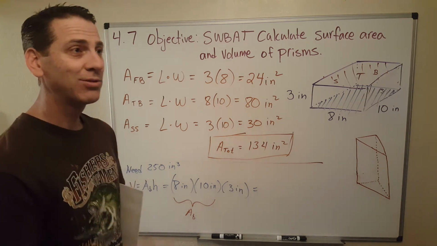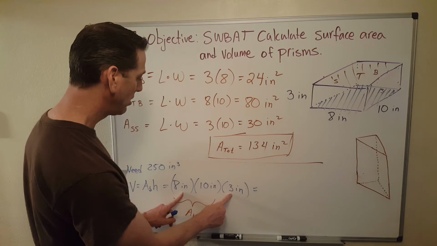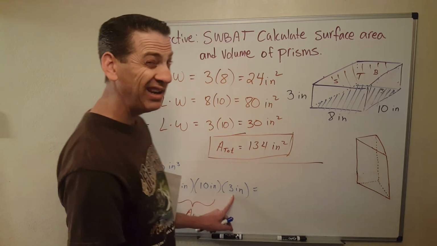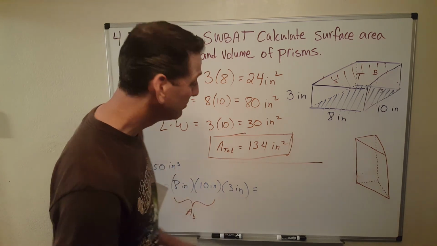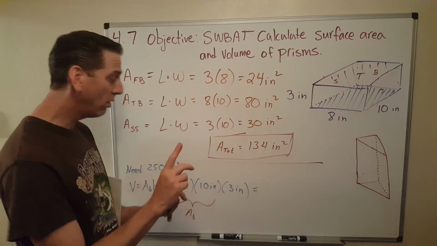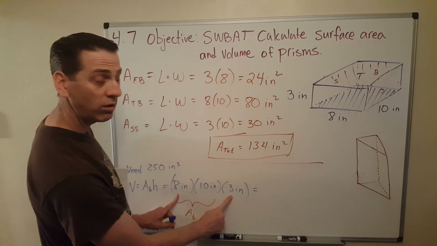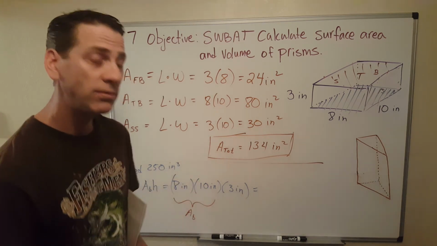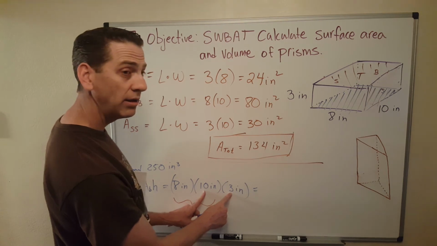Well, there's like 3 different ways you can do this. I can go 8 times 10 times 3. But 8 times 10 is 80. 80 times 3, 240. A little bit harder, huh? Or I could go like this. 3 times 8 is 24. Times 10 is 240. Or I could go 10 times 3 is 30.